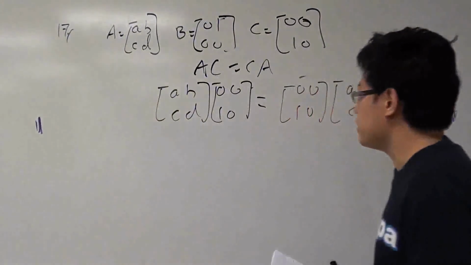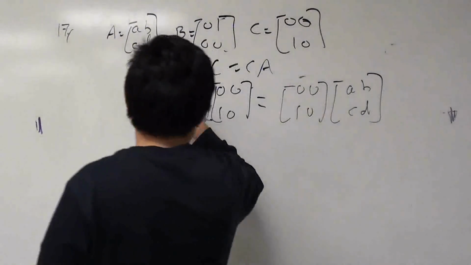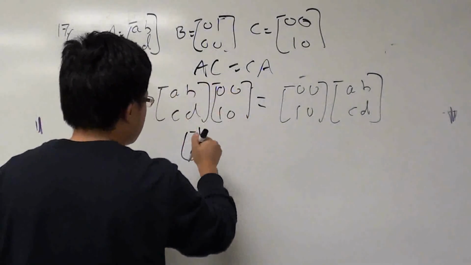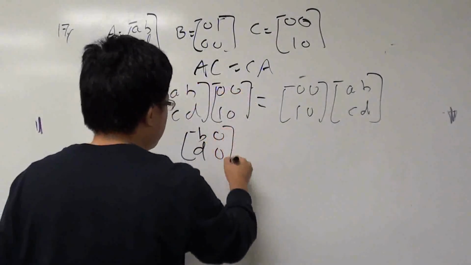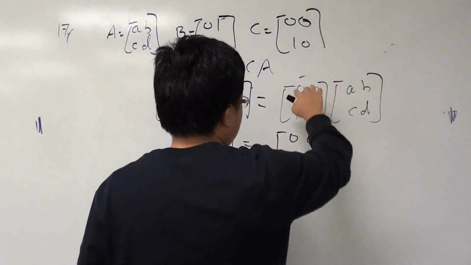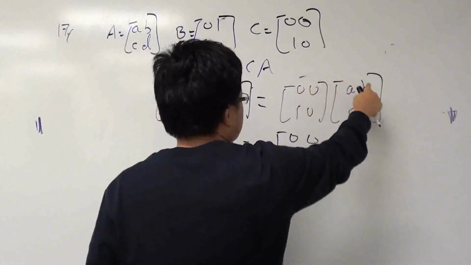At least the matrices are simple enough so that we can cancel out a lot of things at the same time. So A, B, D. So that's going to be B, D, double 0, 0, 0. I can make that assumption quickly because here, 0, 0, right?